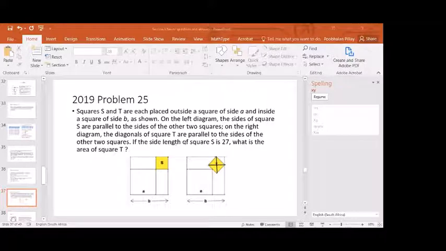And the question is now, if the side length of square S is 27, it means that this one here is 27, right? What is the area of the square here?